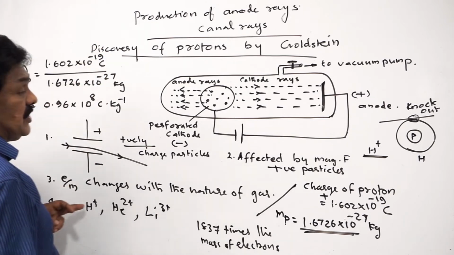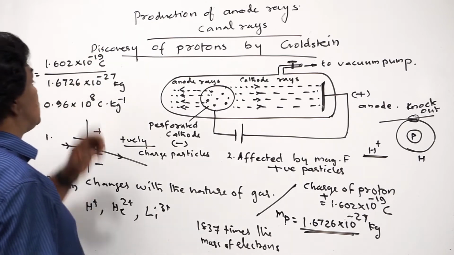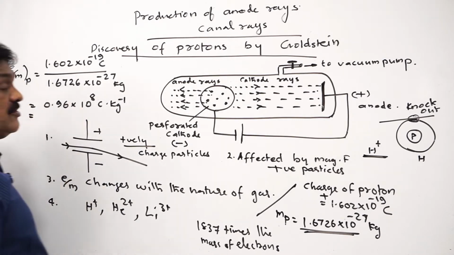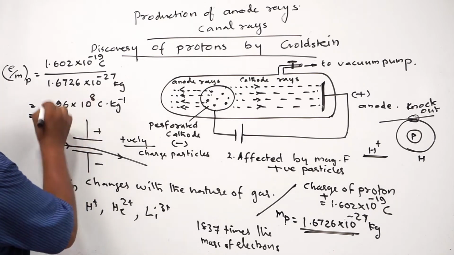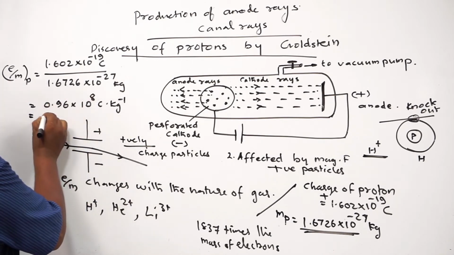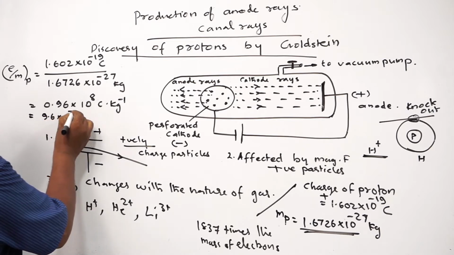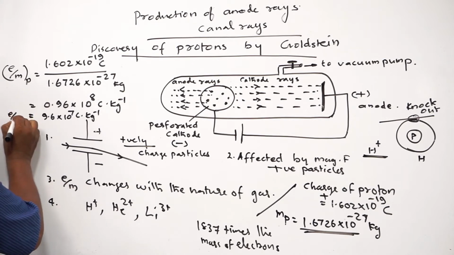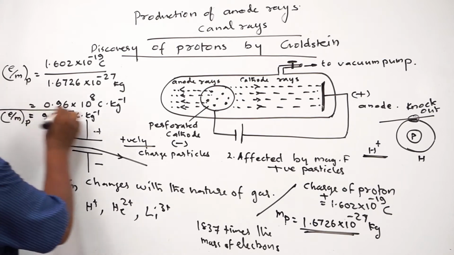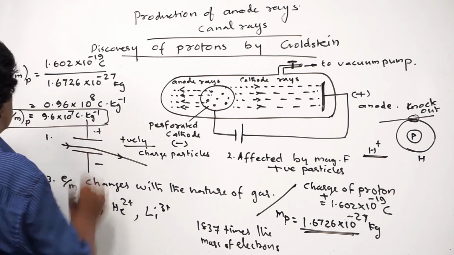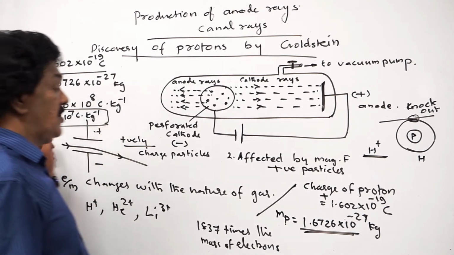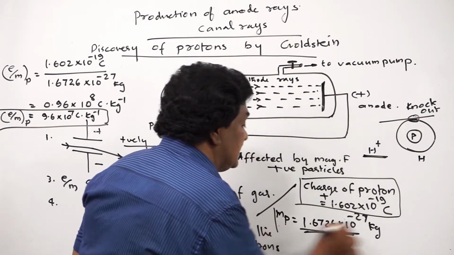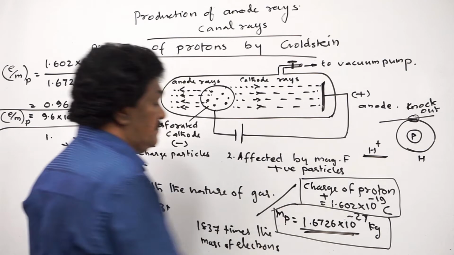This comes in the numerator, so we get 10 raised to 8. Now converting it into scientific notation, taking 10 outside and multiplying with this, we get 9.6 into 10 raised to 7 coulomb per kilogram. This is the e/m value of the proton. This is the charge of the proton and this is the mass of the proton. That's it.